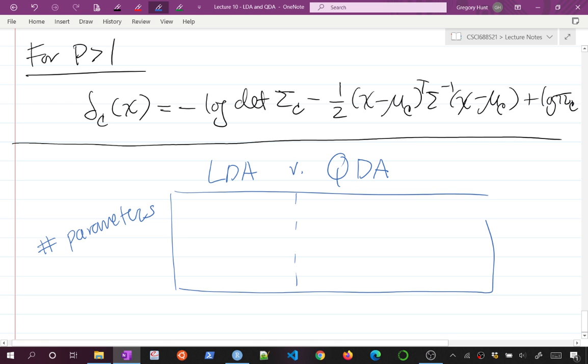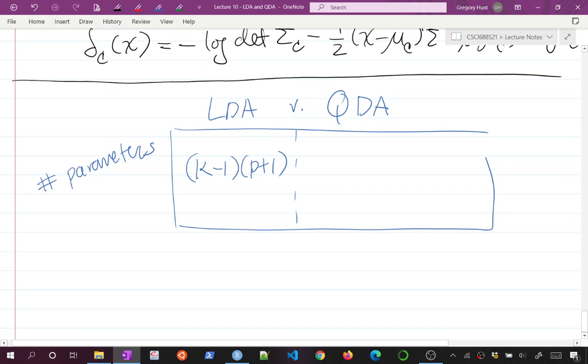For LDA, you will find that if I have k classes, I'm going to have k minus 1 times p plus 1 parameters I have to estimate. So if I have 2 classes and 1 covariate, that gives me 3 things to estimate.